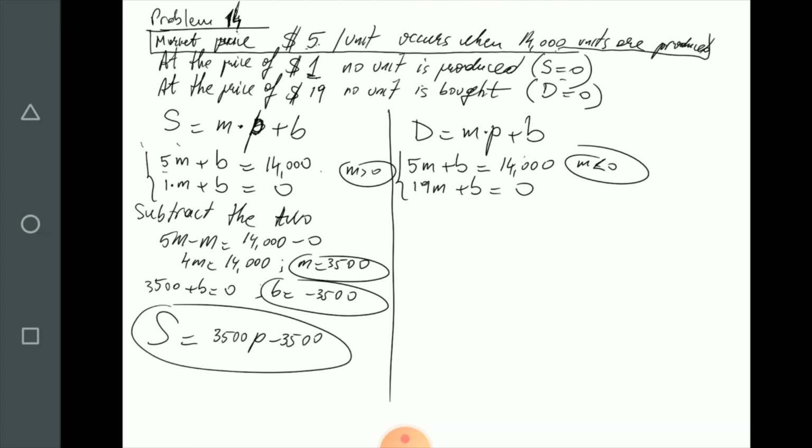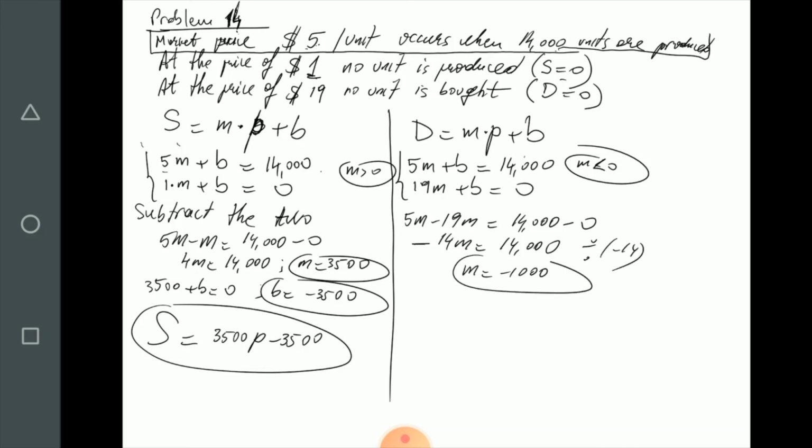In the same way, if we subtract the first minus the second, I get 5M minus 19M equals 14,000 minus 0. This is going to be minus 14M. Divide by minus 14, and that gives me M equals minus 1,000. Negative slope, as expected.